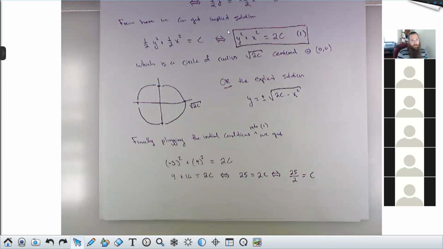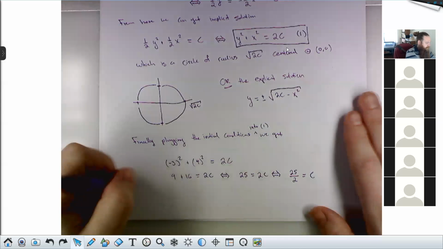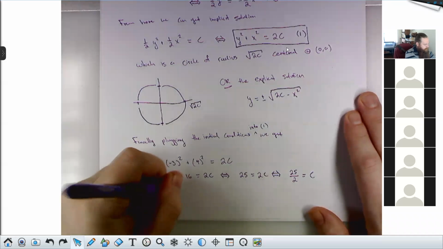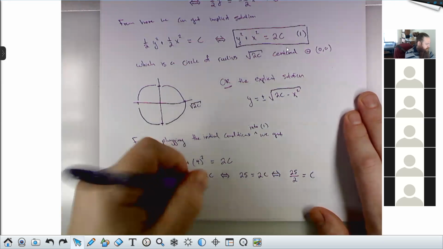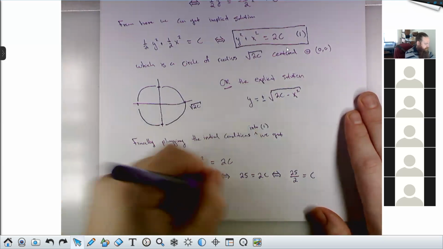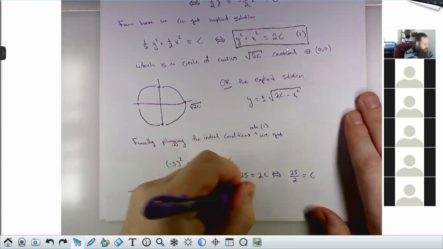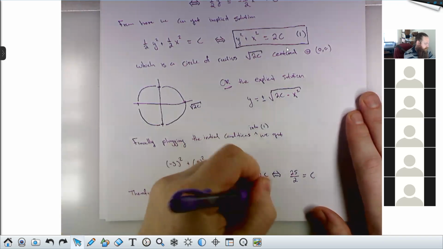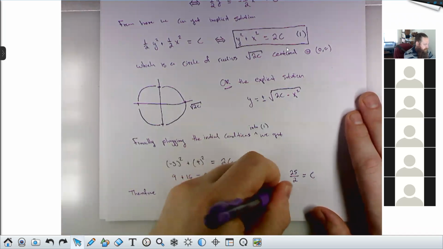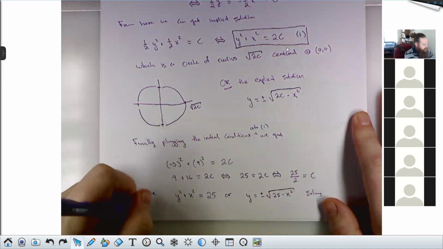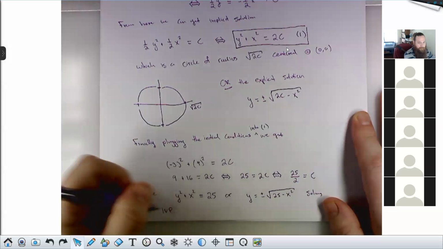And then you could take that and plug it in here for an implicit solution to your IVP: y squared plus x squared equals 25. Or y equals plus or minus the square root of 25 minus x squared solves the initial value problem.